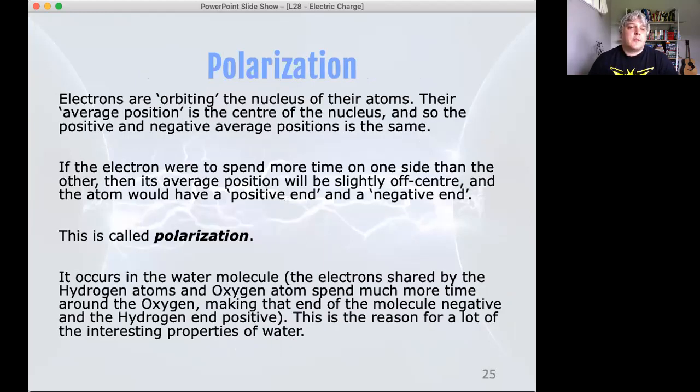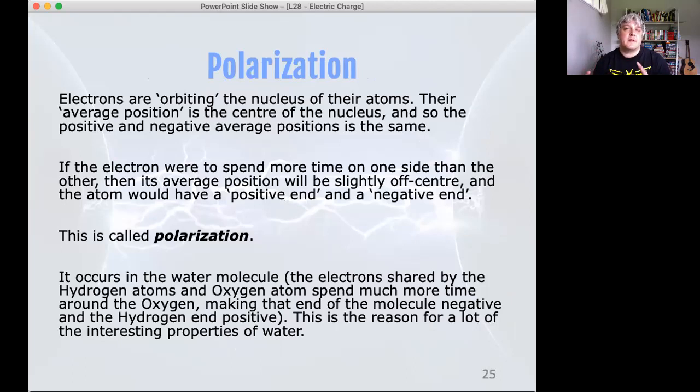Polarization is a term that chemists or anyone studying other sciences may be familiar with. We haven't really used it yet. So far, we've talked about the idea that you've got an atom, it's got a positive charge in the nucleus, negative charge outside it, and they balance. But sometimes the electrons will spend more time on one side of their shell than on the other.